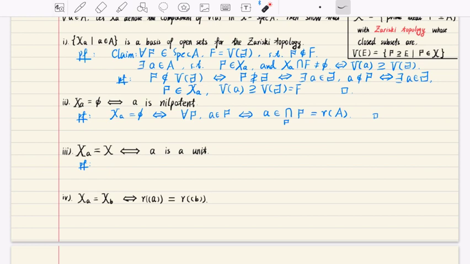Like if just one element is nilpotent, taking the spectrum will lose this information. It cannot distinguish a nilpotent element and the zero. It may cause some trouble, but somehow it is much easier than the maximum spectrum or algebraic variety.